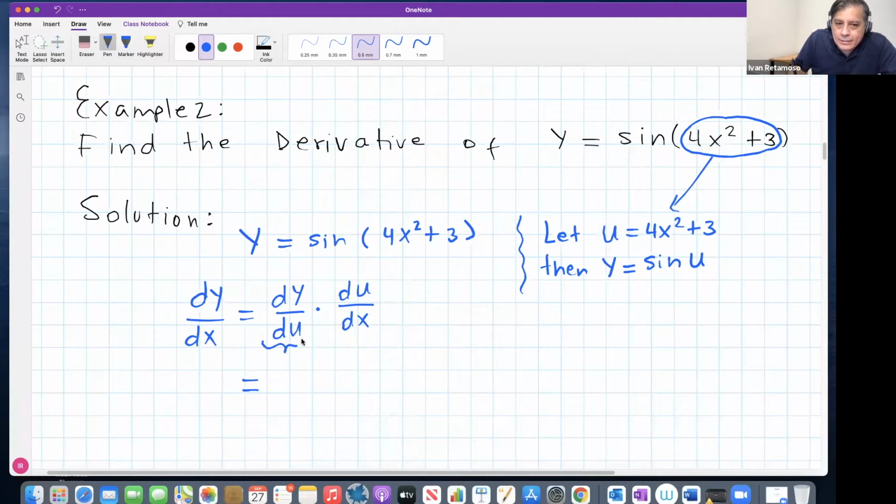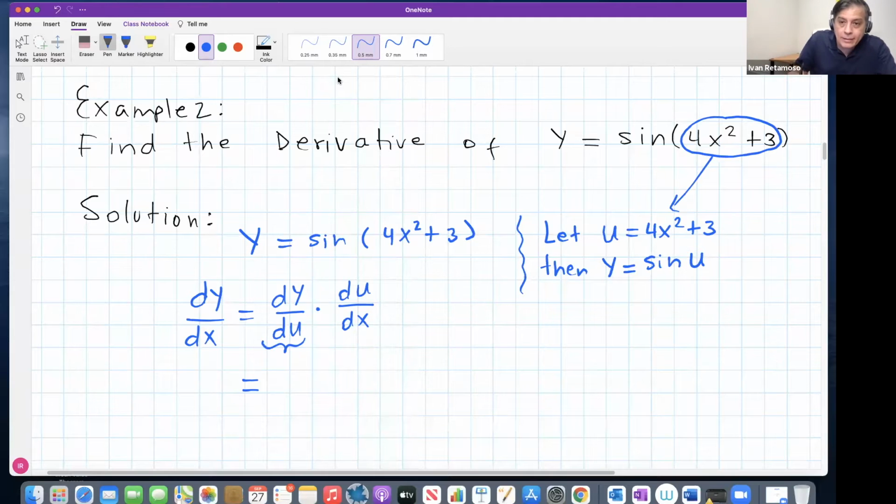Now, what's going to be dy du? Anybody could tell us in the chat what is dy du, the derivative of y with respect to u? Anybody? Or you can say it loud. Cosine of u, right? Very good, Marcos.